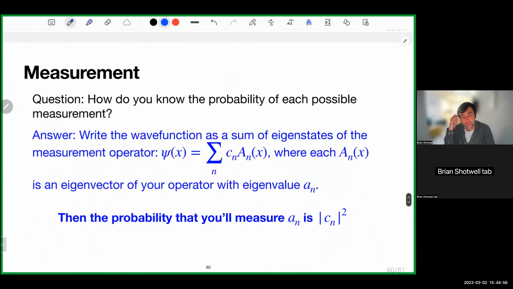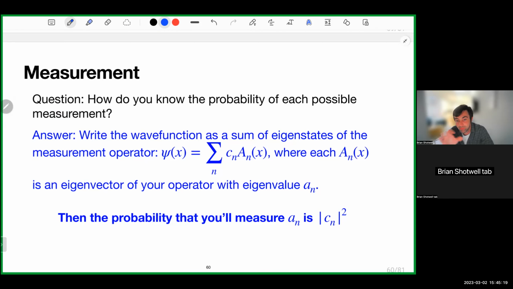The way to do that is to write the wave function as a sum of eigenstates of the measurement operator. And a lot of times this isn't obvious how to do. This is really getting into upper division quantum mechanics, the process of how you go about writing it this way.